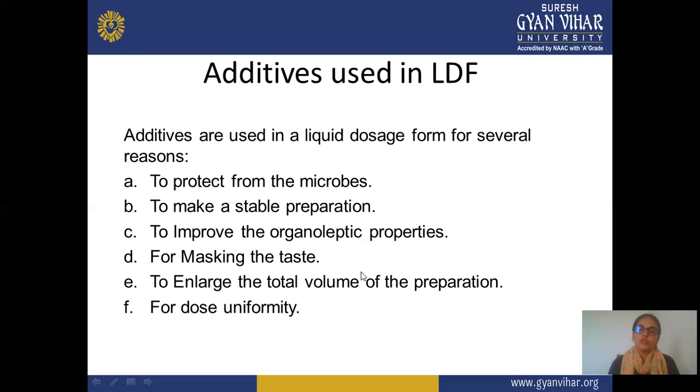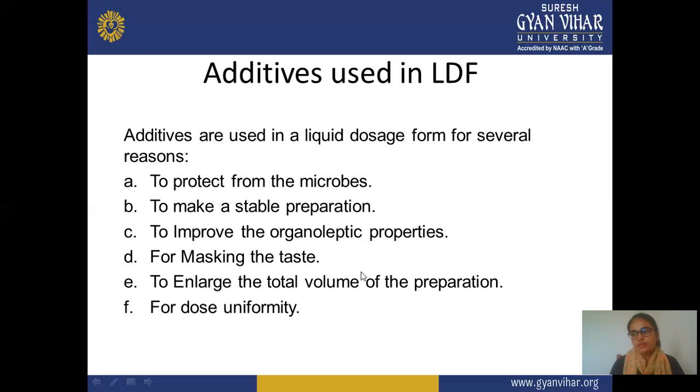Next is to enlarge the total volume of the preparation. Suppose the volume of a particular formulation is not sufficient. For example, if you are preparing 100 ml of syrup, and your drug is very little, it may only make 50 ml or 80 ml.